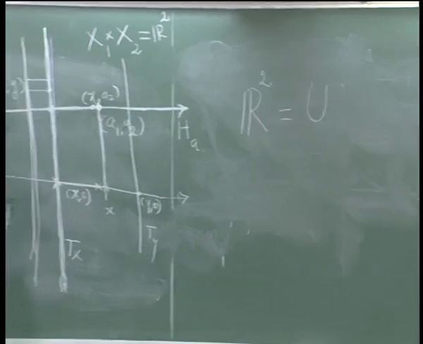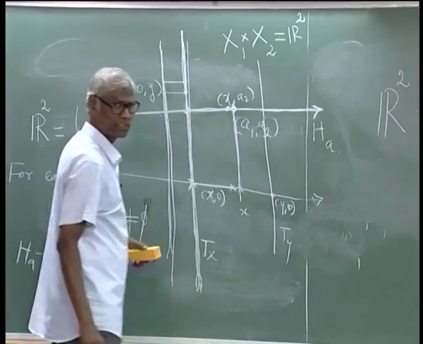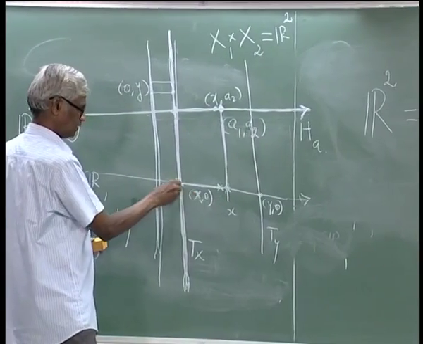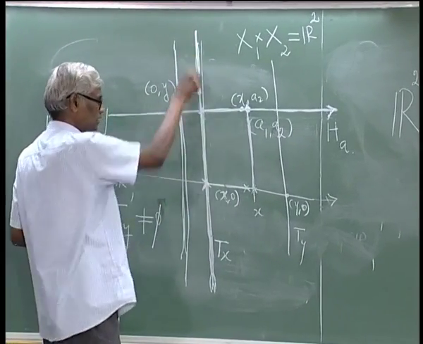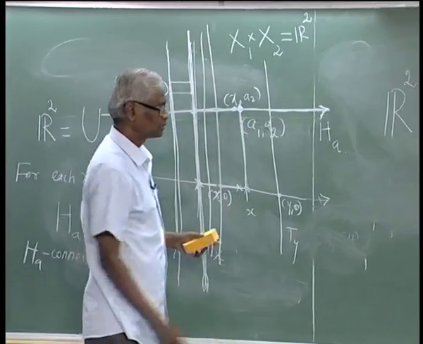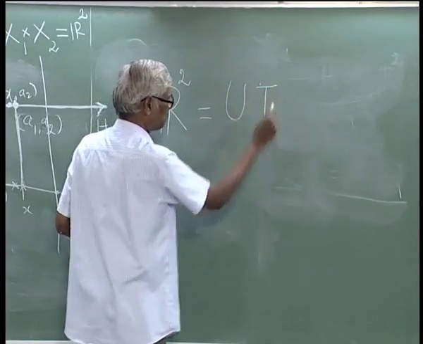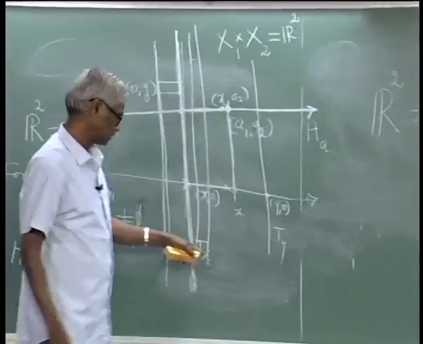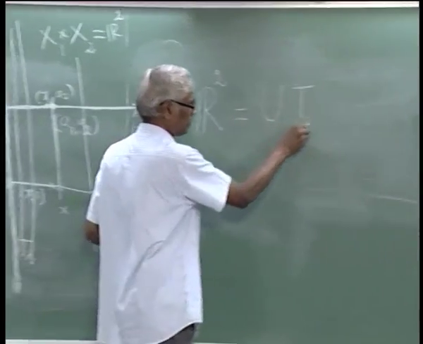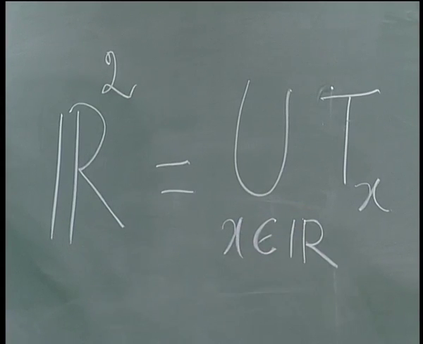See, this one particular horizontal line we have fixed, for each x on the x axis we are finding a vertical line. So then R2 is nothing but the union of T_x, this is the vertical line, x varies over R.